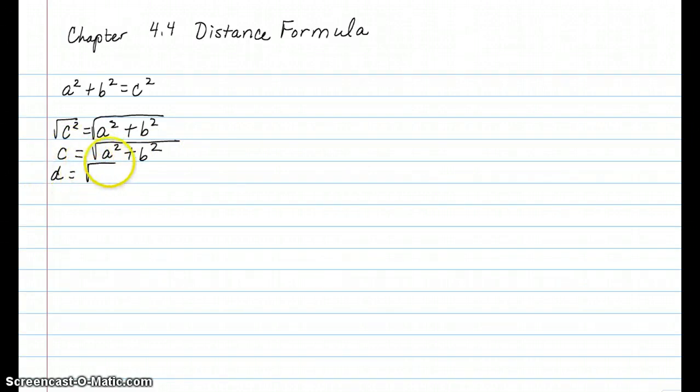Your run are your x values, so x sub 2 minus x sub 1, which should be familiar from slope, squared, plus your b values, which are your up and down, your rise values, so y sub 2 minus y sub 1 squared. And there you have it. This is the Pythagorean theorem.